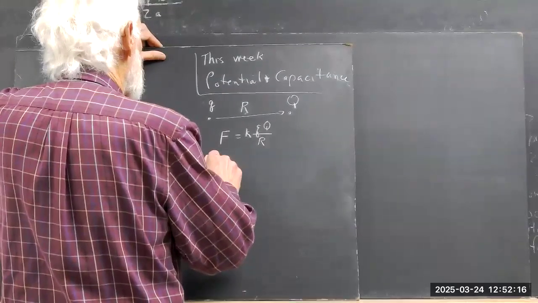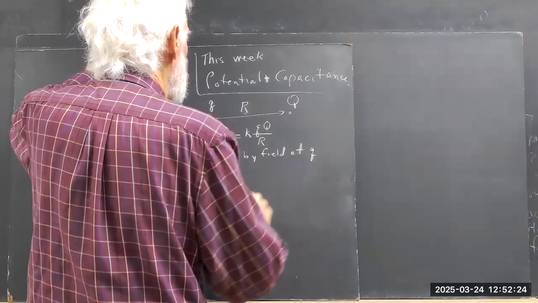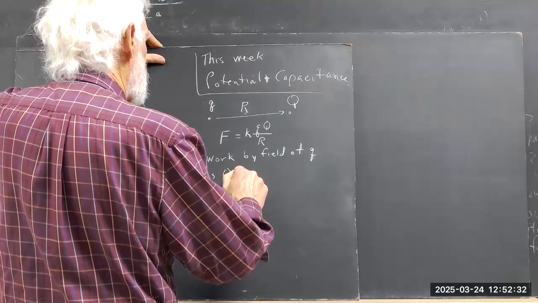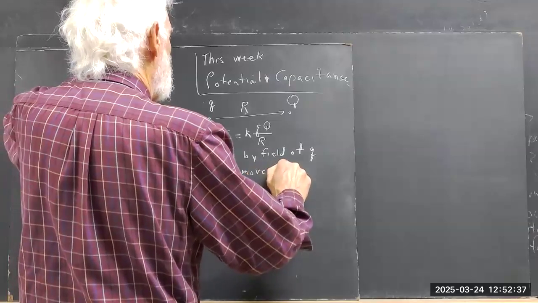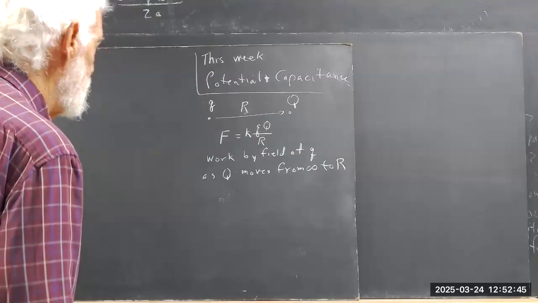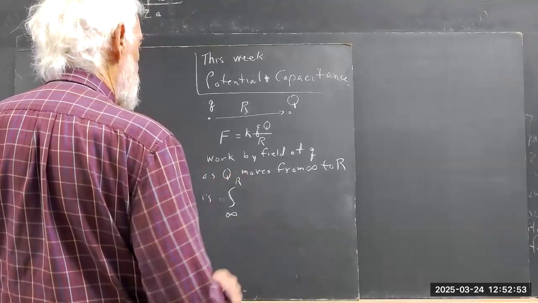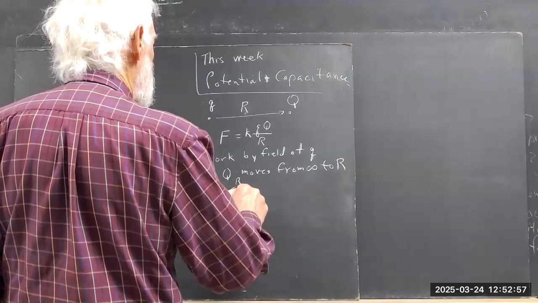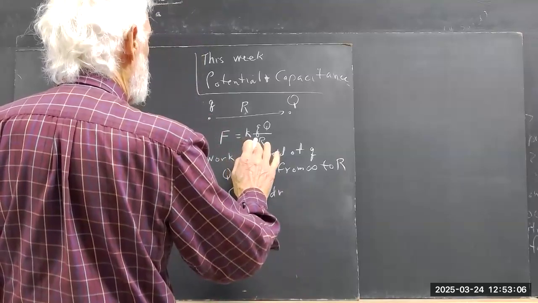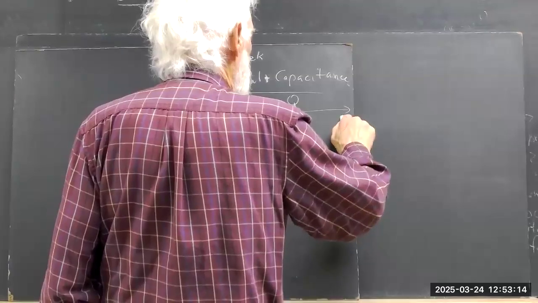Okay, now the work by the field of Q as little q moves from infinity to R is the integral from infinity to R of negative K times little q big Q over r squared dr. Use little r here to indicate the force at any position along the R axis.